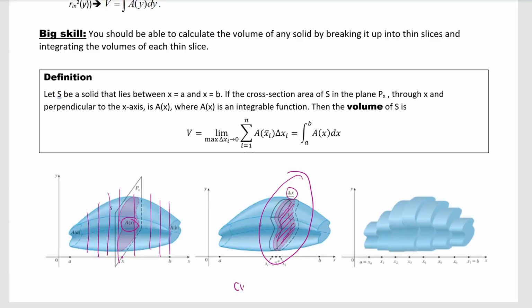So do you remember cylinder? The volume of a cylinder is area of base times height. So if we have a circular cylinder, then area of base is pi r squared. But in general, for any cylinder, the volume is going to be area of base times height.